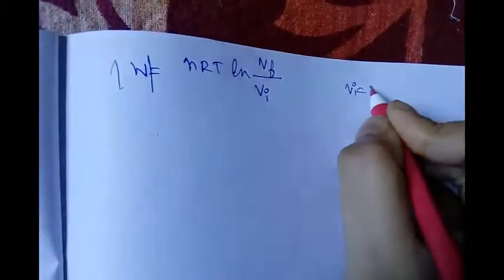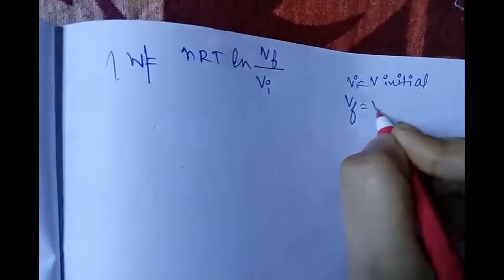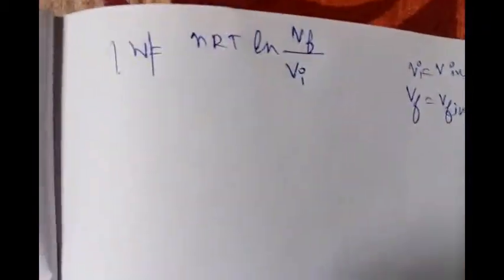Here i and f represent initial and final, Vi equal to V initial and Vf equal to V final. That is the work done value.